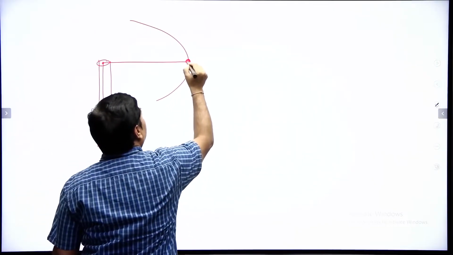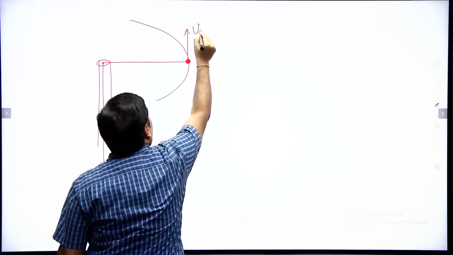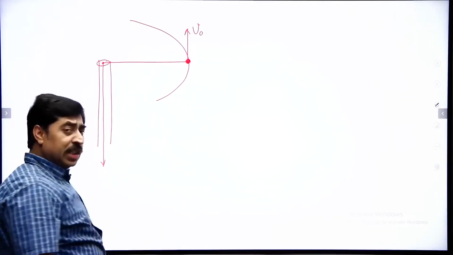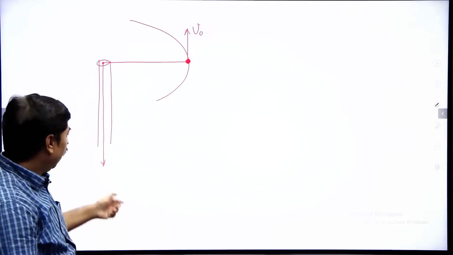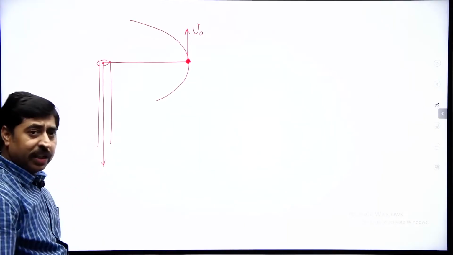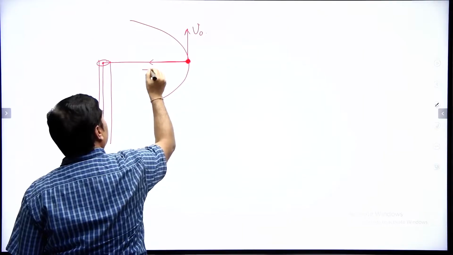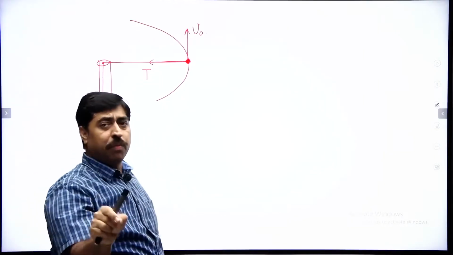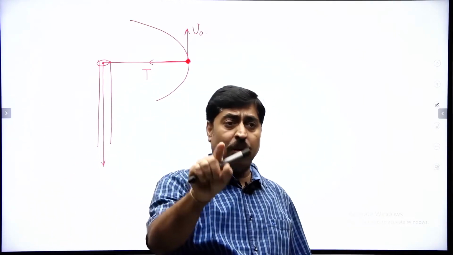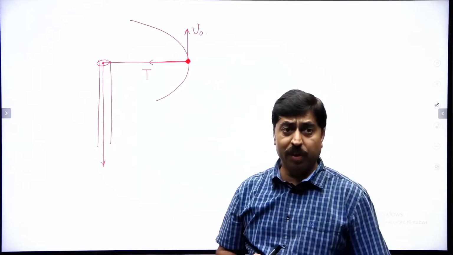The velocity of the particle initially is like this, but if you draw this string like this, this tension force will be performing some work on that particle. Can you see that?